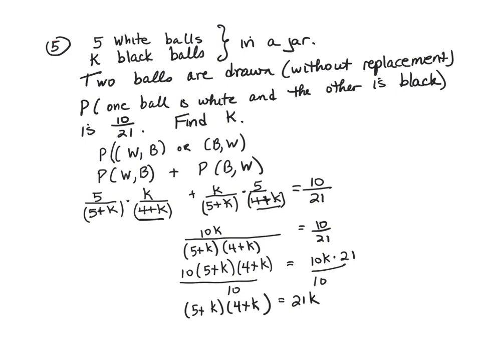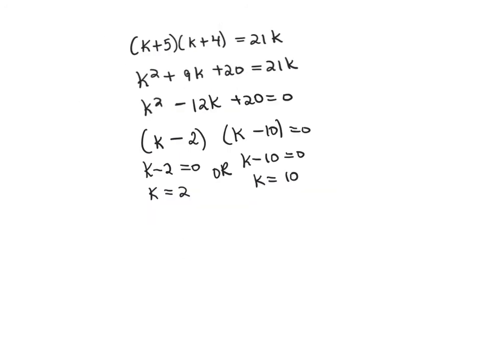Now we end up solving a quadratic equation. So let's look at the next page. I rearranged the terms in the binomials since addition's commutative, and I wrote (K plus 5) times (K plus 4) equals 21K. We multiplied it out, got the quadratic in standard form, and we could factor it into (K minus 2) times (K minus 10).